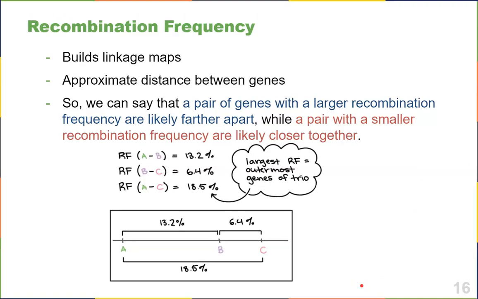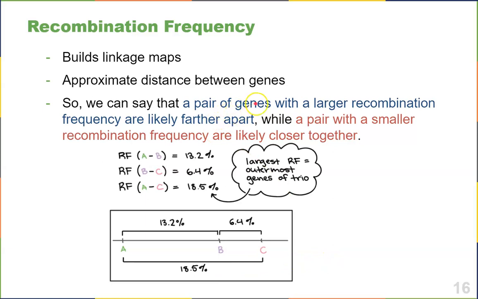Okay, so the frequency is the chance on which recombination can occur. So the lower the frequency, the lower the chance of recombination. So this B and C has a really low chance of separating. And then this A and B has a higher chance of separating. And then the A and C has an even higher chance of separating and being inherited separately.